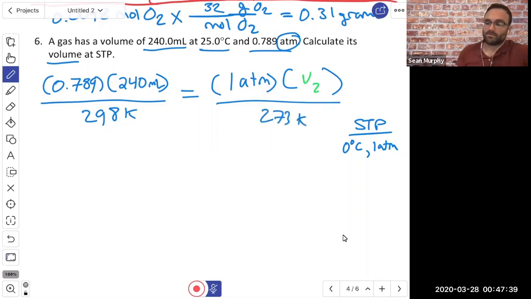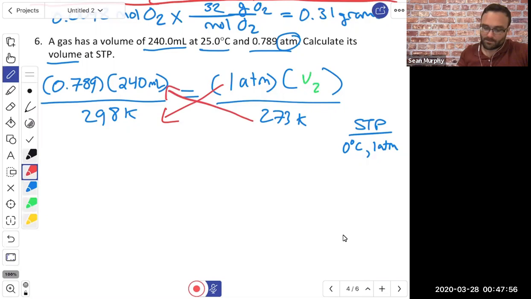All right, so now we've got to get V by itself. So what am I going to do? I'm going to start cross multiplying. I'm going to bring that 1 down here, and then I'm going to bring that 273 at the top. Let me rewrite this out.